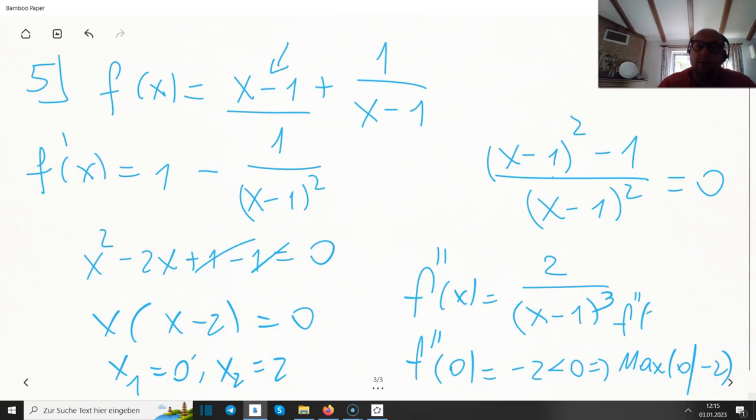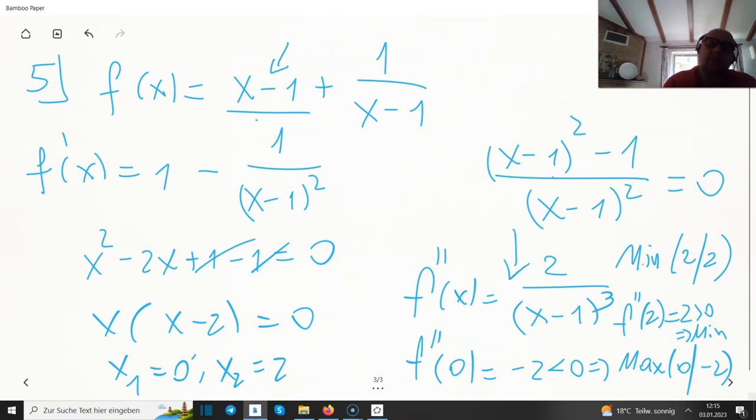And f second prime at 2, this is 2 divided by 1, this is 2, so it's greater than 0, it's a min, and the coordinates of the min are 2, and let's see, this is 1 and this is 1, 2, 2. All right. Do we have a point of inflection? No, we don't, because as you can see, the second derivative is never 0 because the denominator isn't allowed to be 0 and the numerator is just 2.